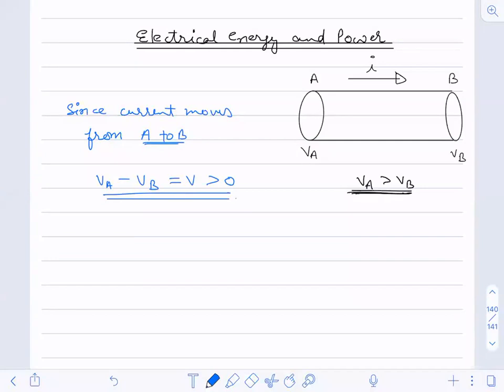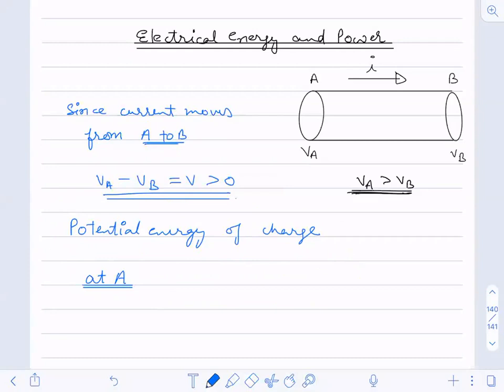Now, if I want to write down the potential energy of the charge at A and B, what will you write?